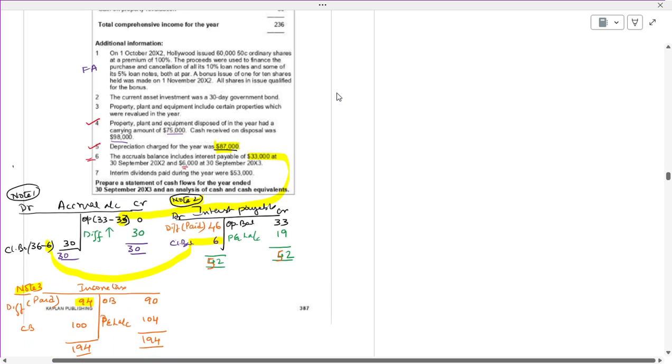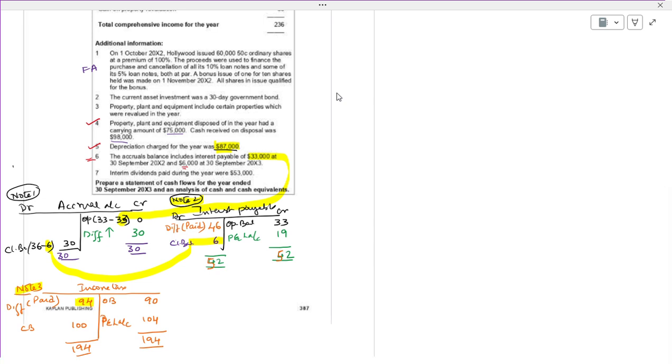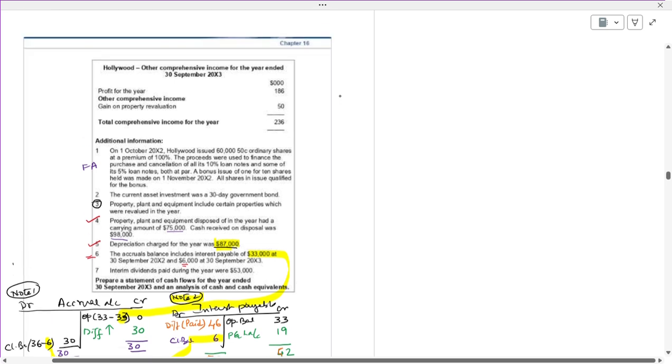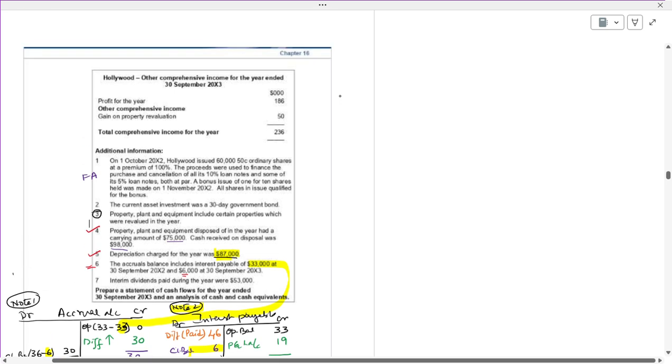See the things. Anything else we have to take? Revaluation, point number 3. Where is revaluation given? In OCI, other comprehensive income. It is almost revision of what we are doing.